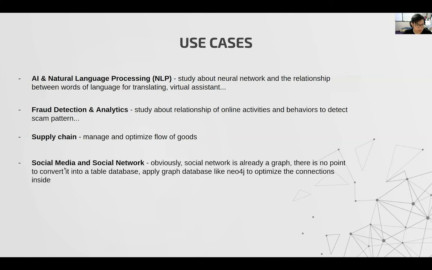Social network and social media. And obviously, we know that a social network is already a graph, so there's no point in converting it into a table database, because in a social network, each person is connected to a different person by a relationship.